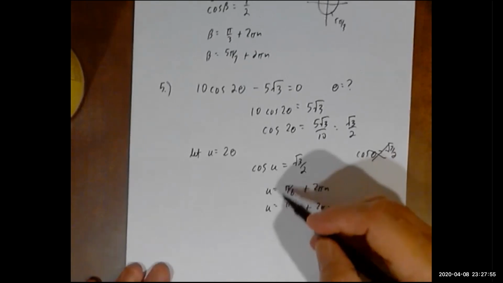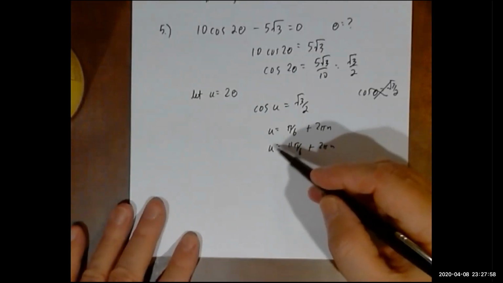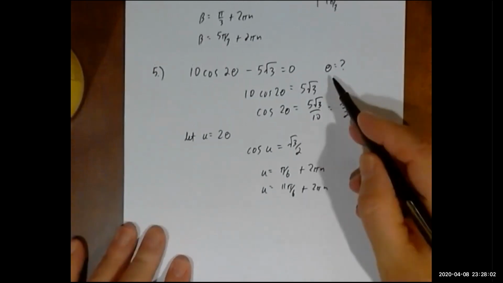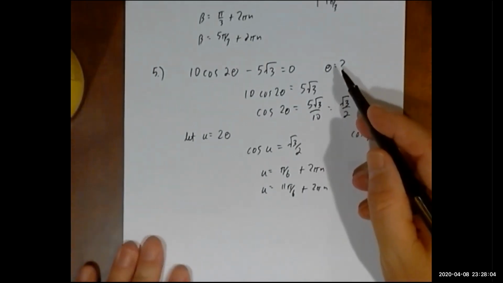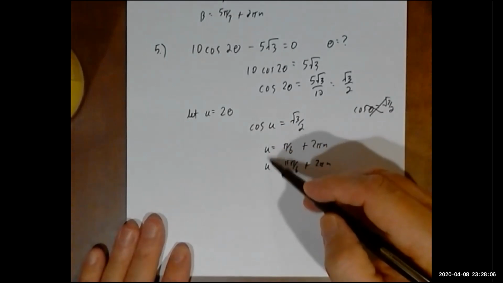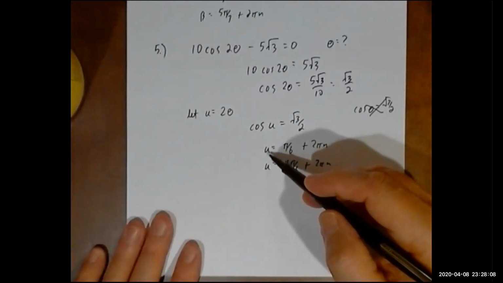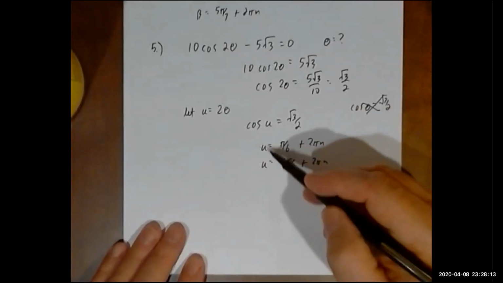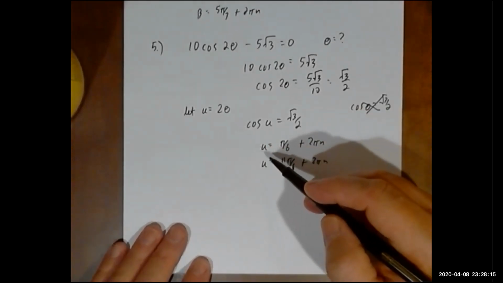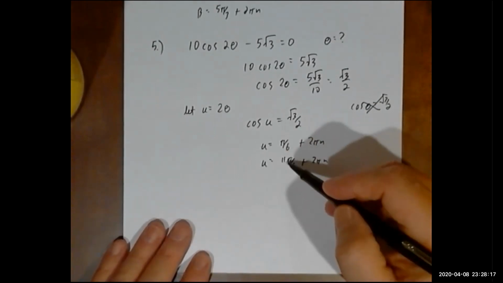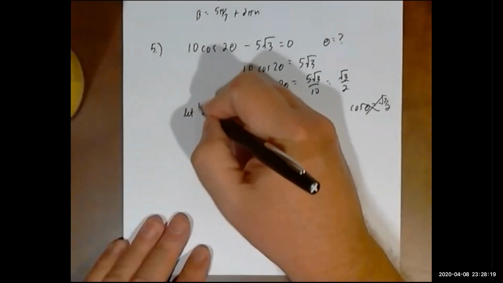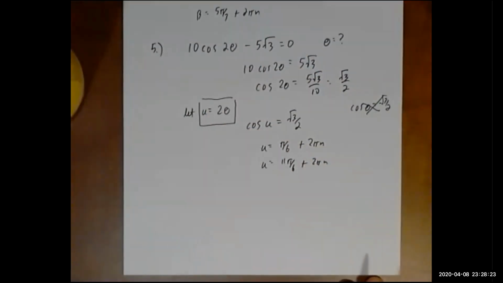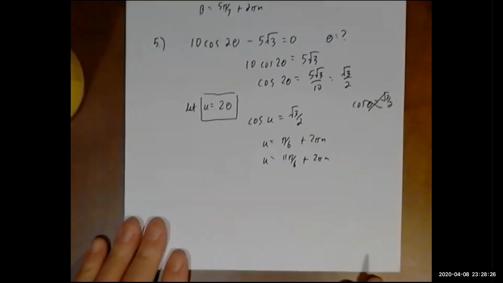However, it feels like I've solved this, but I haven't really solved it yet, because look up here at the original problem. They want to know what is theta. I've solved for u, but someone says, what's u? We're trying to figure out theta. Well, u is what we use as a way to eventually solve the equation. Once you solve for u, you go back to where you originally defined your u.